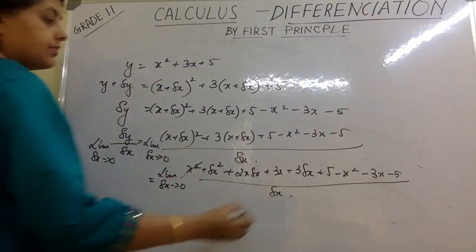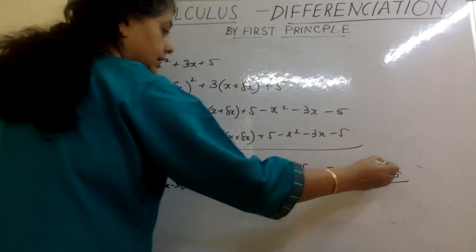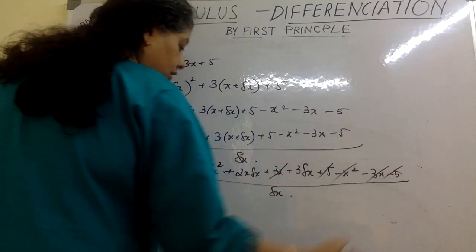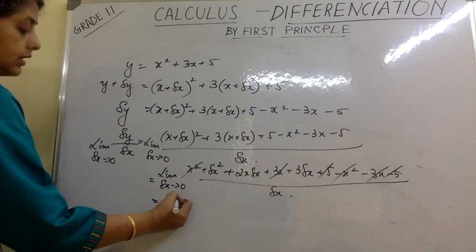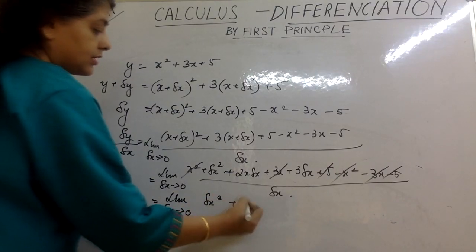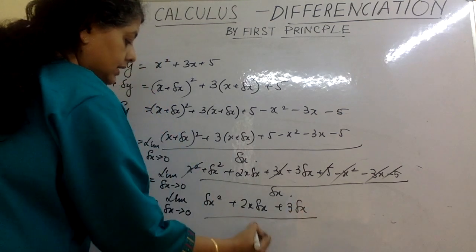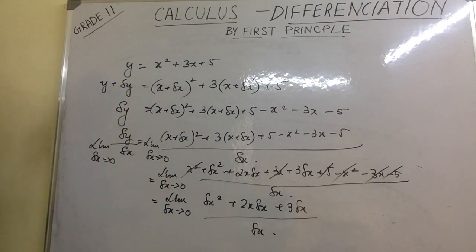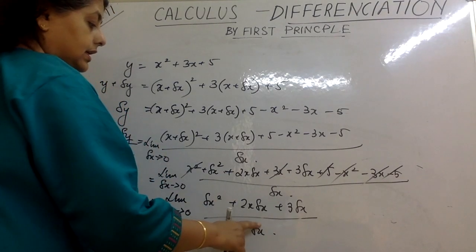Now here some things will cancel. Here this cancels. See, a lot cancels, and then we are left with limit del x tends to 0, del x square plus 2x del x plus 3 del x by del x. If I use the del x under this, I can cancel it.